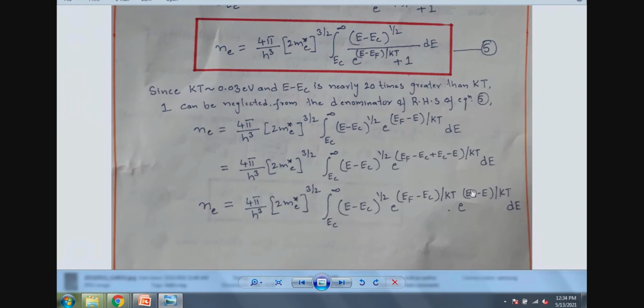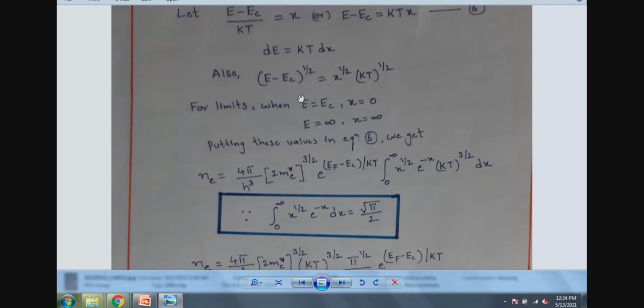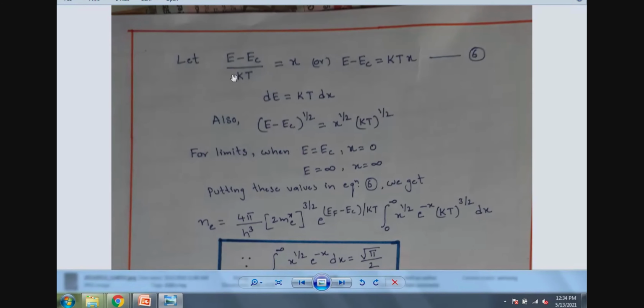You are assuming that this is some X value, right? So assuming E minus EC by KT is equal to X, or E minus EC is equal to KT into X. So you differentiate that one, that is KT into DX.